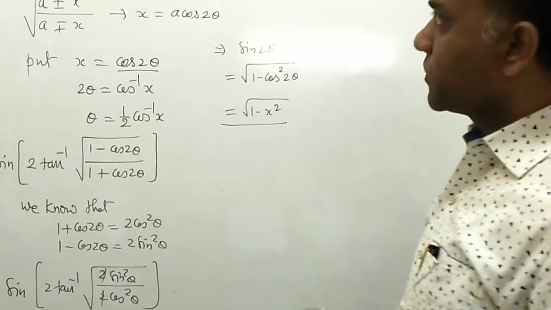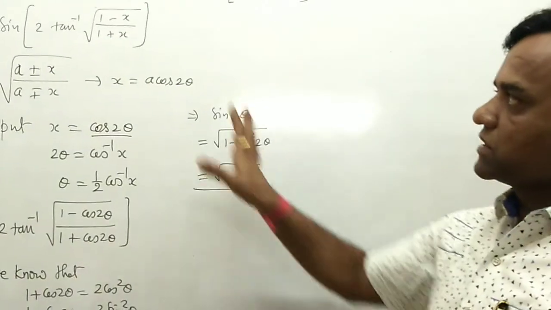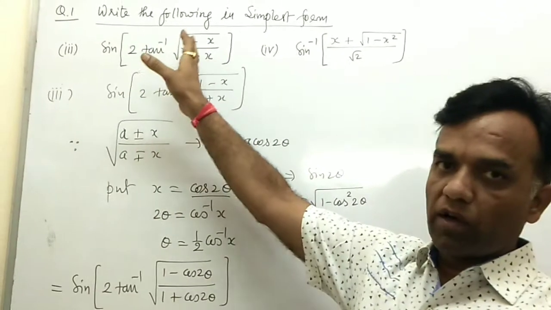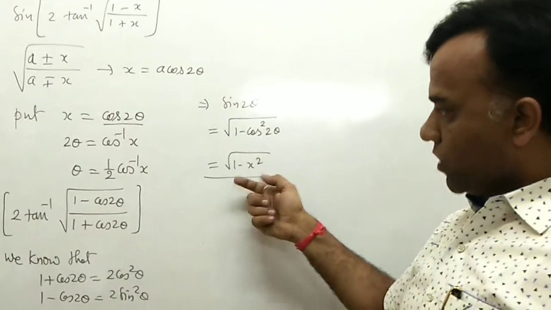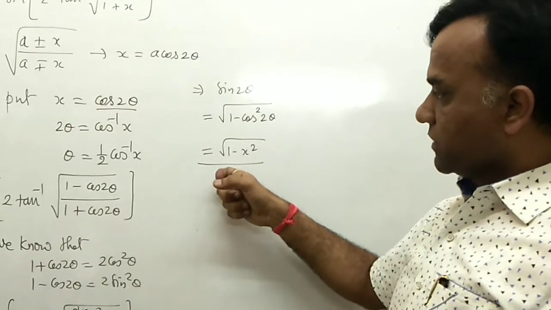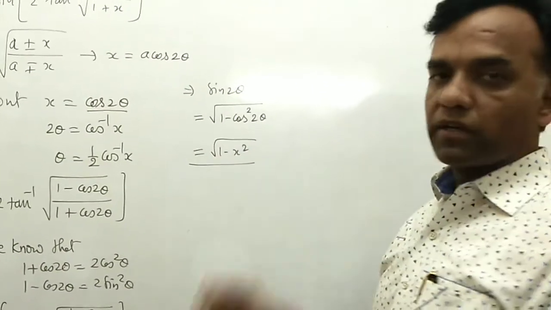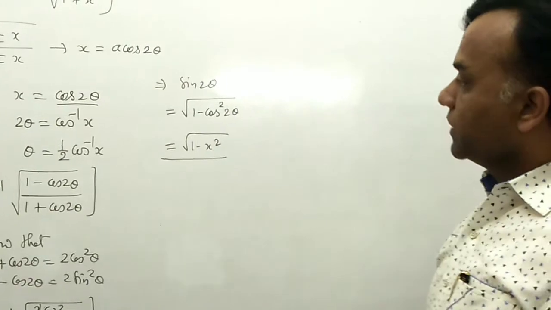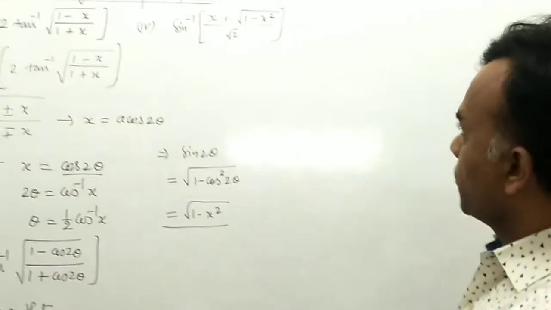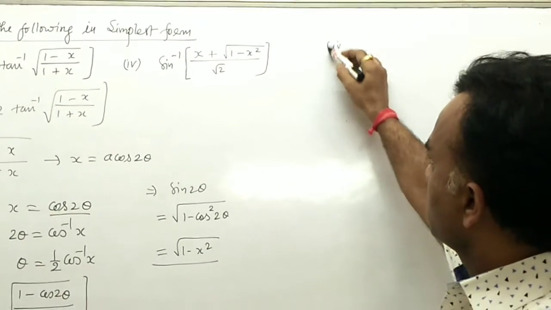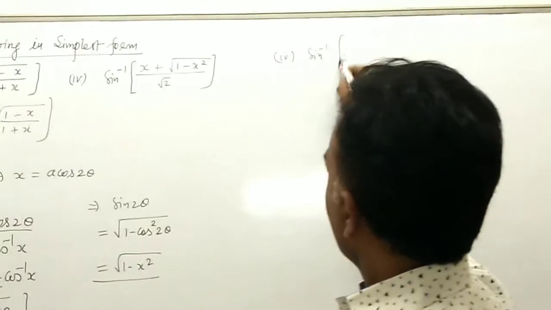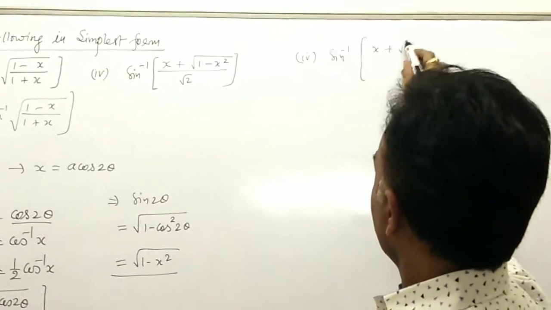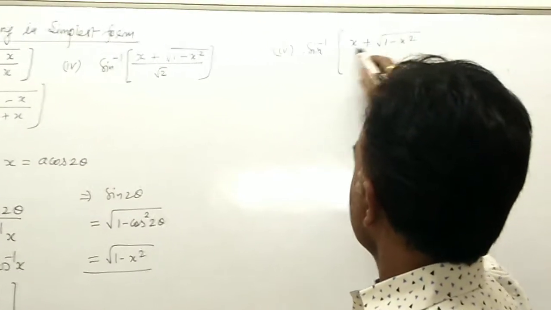So this trigonometrical expression is converted into the simplest form, and after putting some values you get your answer in a very short form, under root of 1 minus x square. Similarly, for the same question, now the fourth one, we start by putting some trigonometrical ratios, and then we get the whole trigonometrical part into the simplest form.